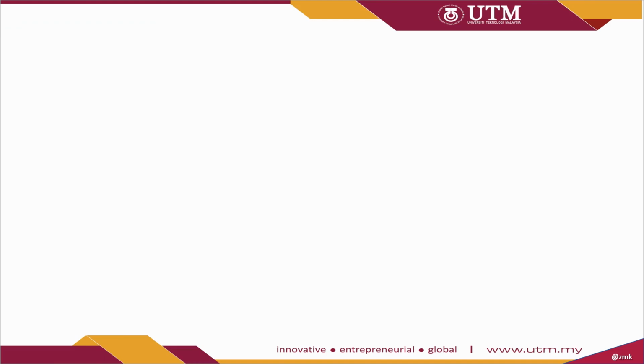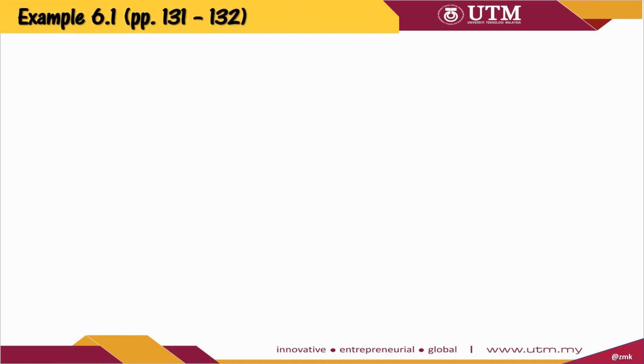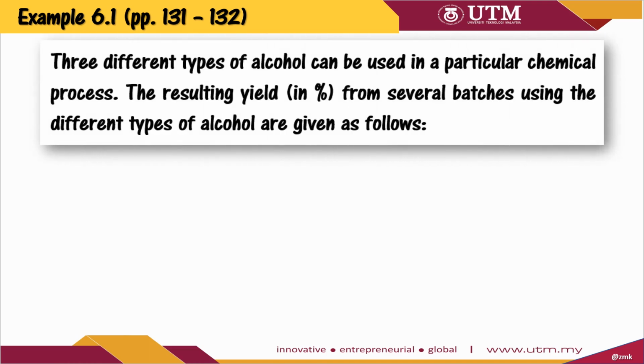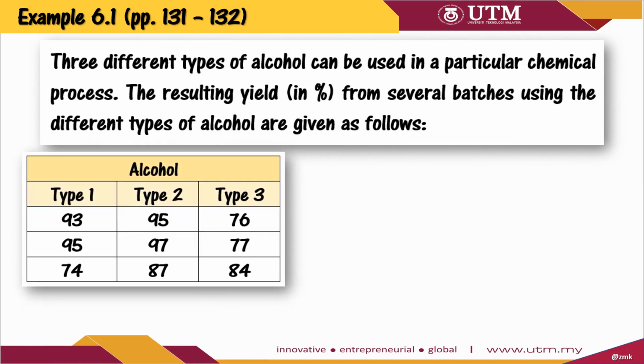Before answering the question on why ANOVA, please look at this Example 6.1 from the textbook to know better what a factor is and how we can identify the value of k. The question is as follows and the data given are tabulated as in the following table.